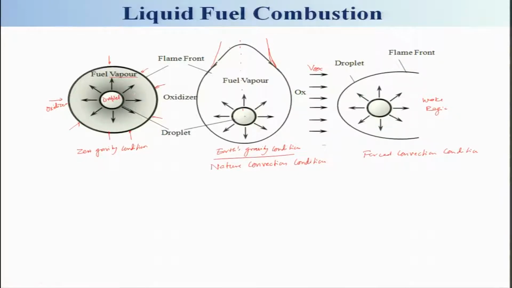There will be some convection, but it is some bulk fluid which will be moving, and that will be radially going on. So, this is known as normal g, and what you call 0 g, this is 0 g.